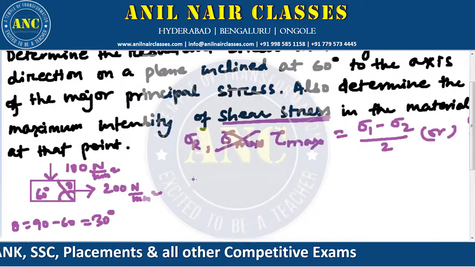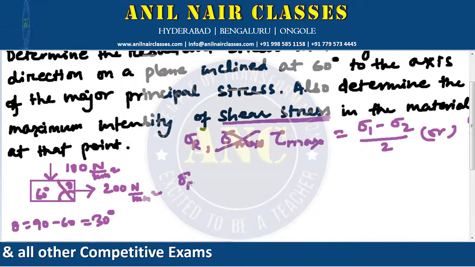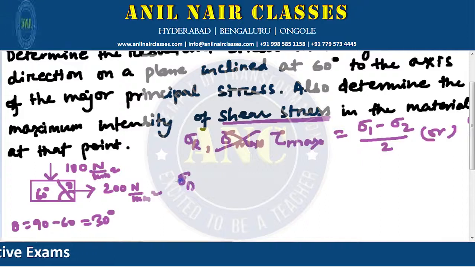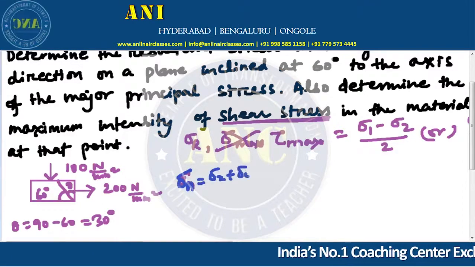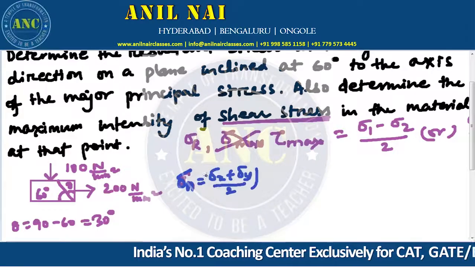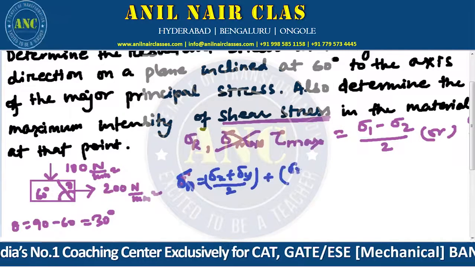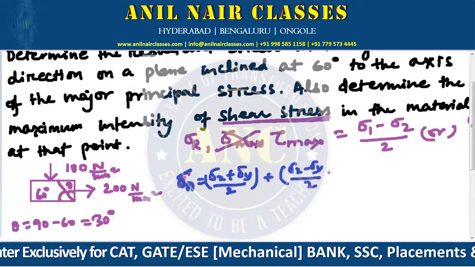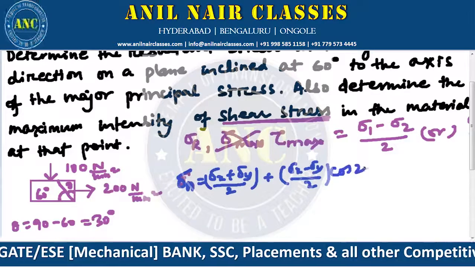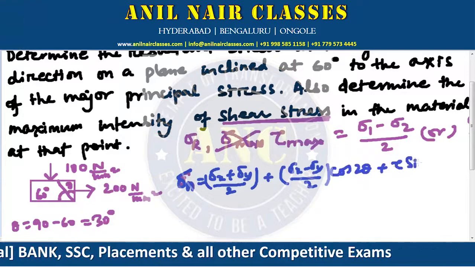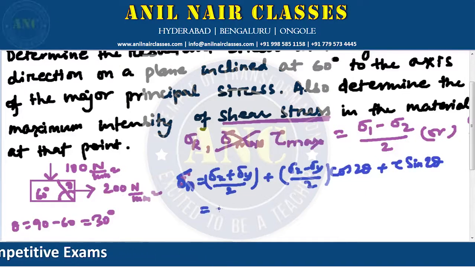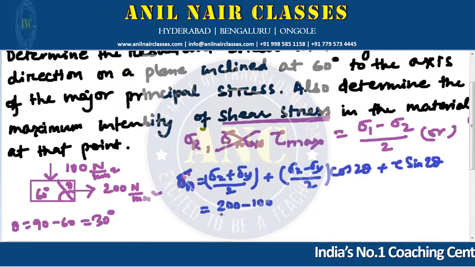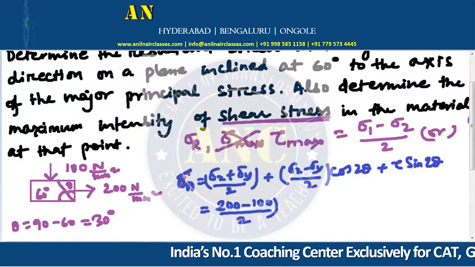Okay. So first we'll go for sigma n, which is equal to (sigma x plus sigma y) by 2 plus (sigma x minus sigma y) by 2 cos 2 theta plus tau sin 2 theta. Put the value of sigma x, that is 200, minus 100 by 2.